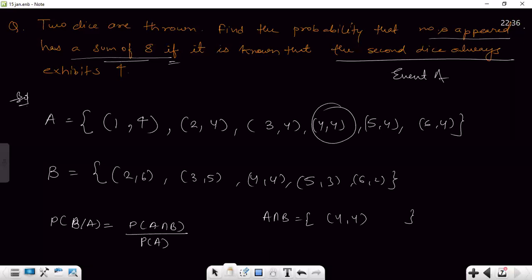Okay. Now finding out the probability. How many total cases are there? 2 dice are thrown, so 6 square. Divided by the probability of A. How many total favorable cases are there in A? 1, 2, 3, 4, 5, and 6. 6 divided by 6 square.